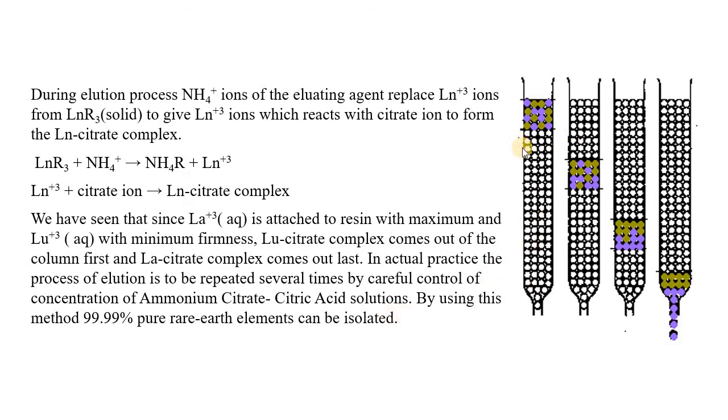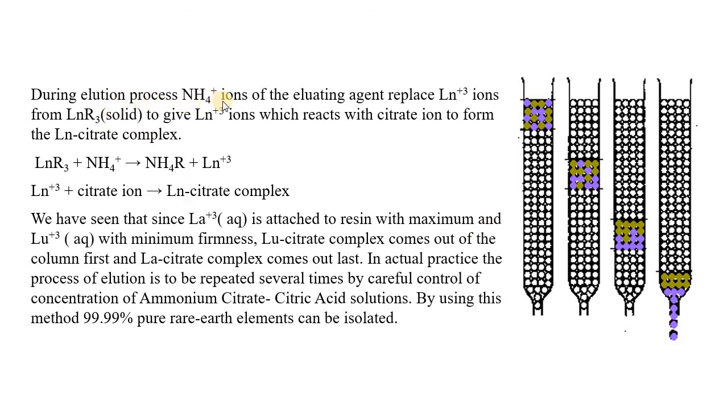The column contains the ion exchanger, and we have added the lanthanide ions mixture, which bind to the ion exchanger. Now from here we add the complexing agents such as ammonium citrate and citric acid. And these ions travel at different rates downward depending on the firmness of attachment of the ion with the ion exchanger.